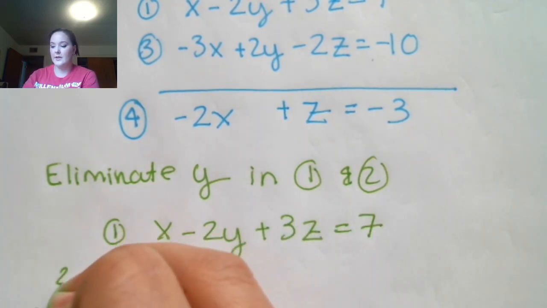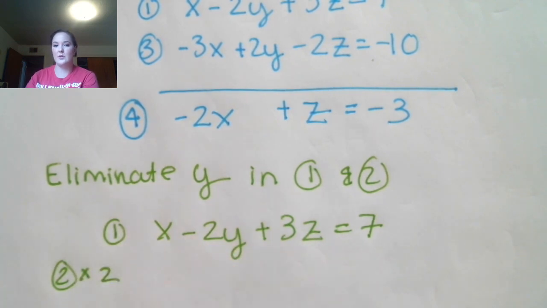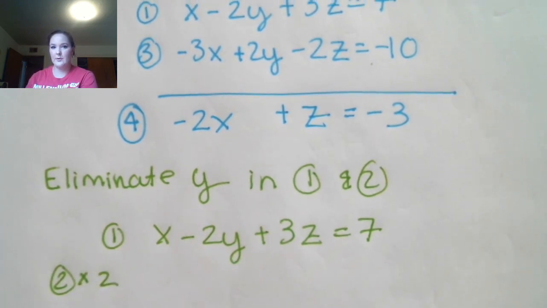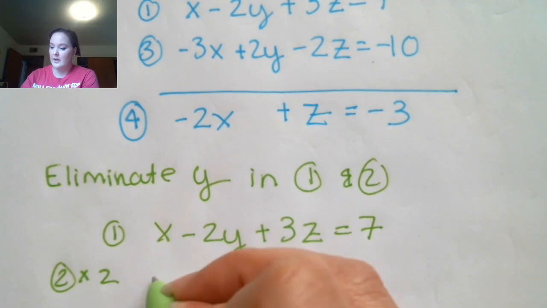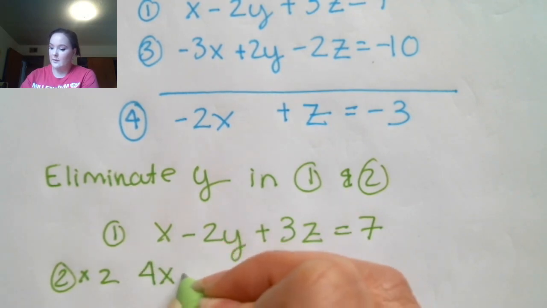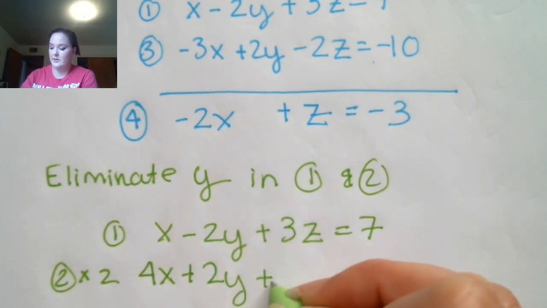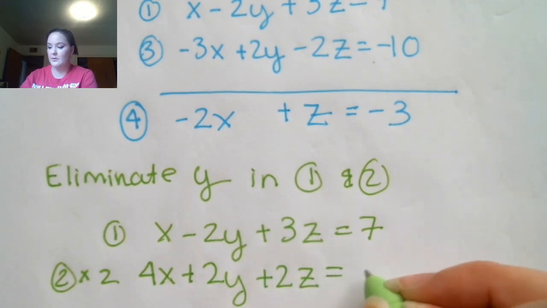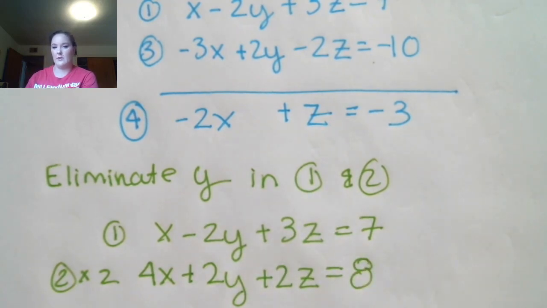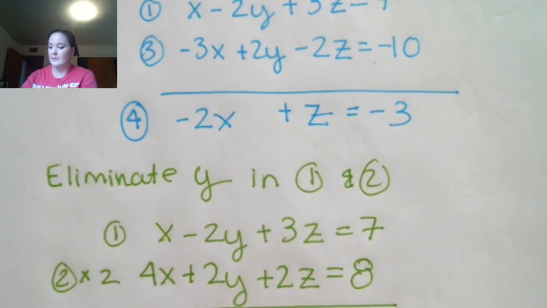Okay, and then I'm going to take my second equation and multiply it by 2. Okay, so you guys can't see that, but it's 4x plus 2y plus 2z equals 8. Okay, and now I'm going to add these together.